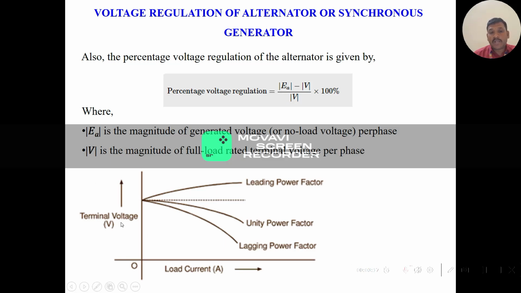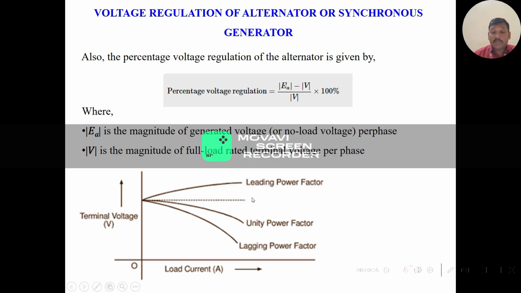This terminal voltage is represented by the letter V, and V can be expressed as Eg minus the total voltage drop in the armature winding of the alternator.